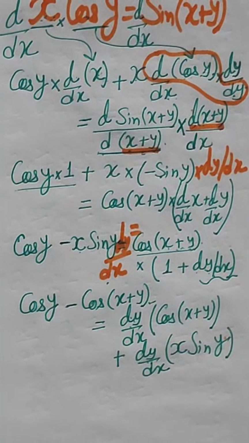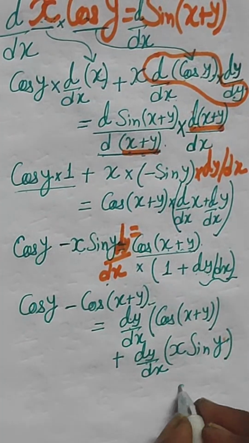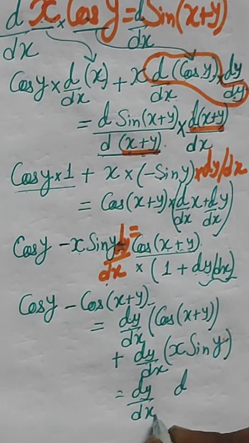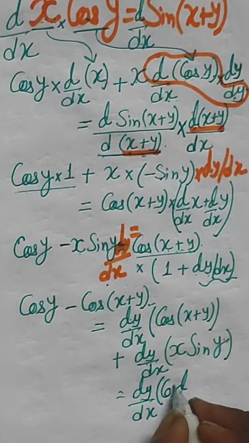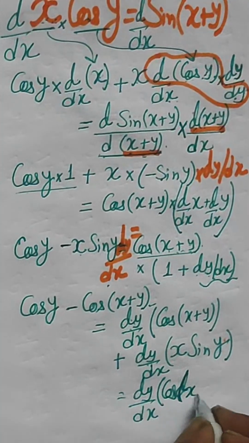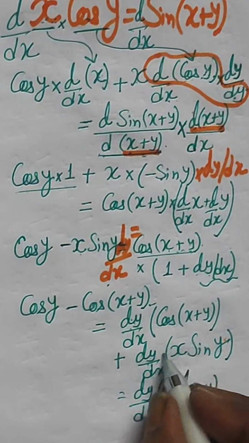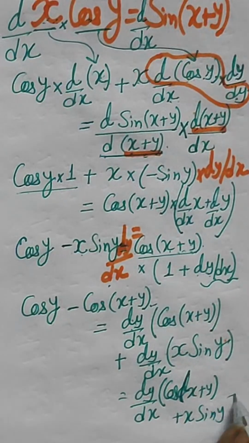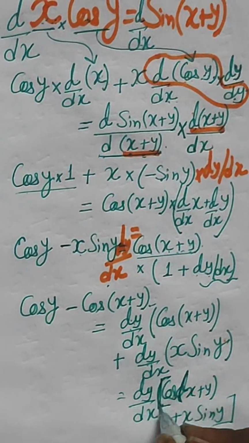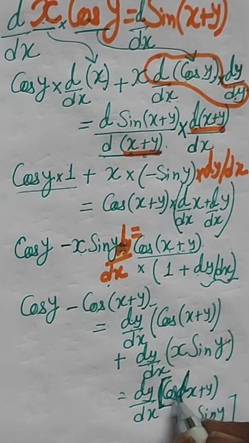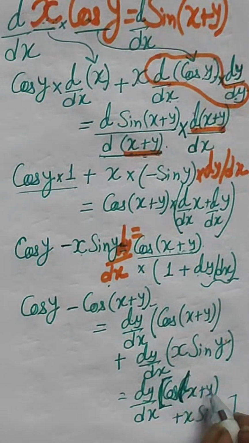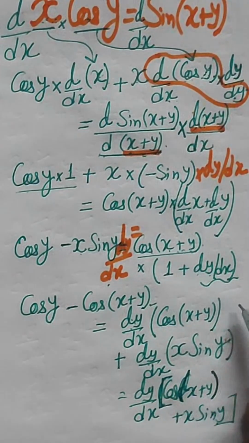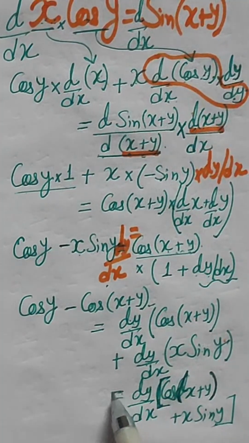So when dy by dx is taken common into the RHS, we have cos (x plus y) plus x sin y. Am I right? This is cos (x plus y) plus x sin y. So that is of the RHS, this term with RHS.